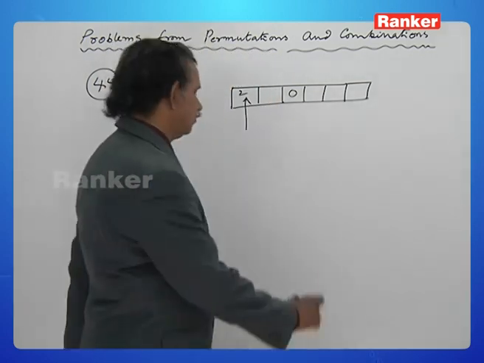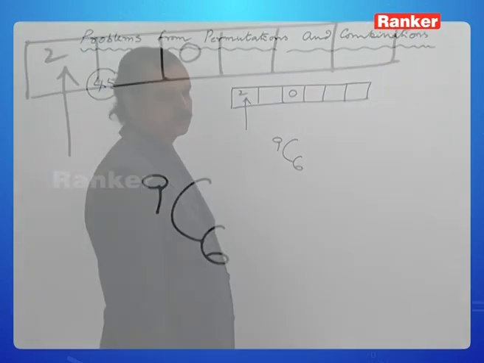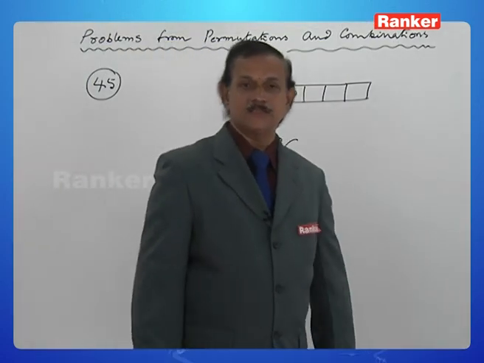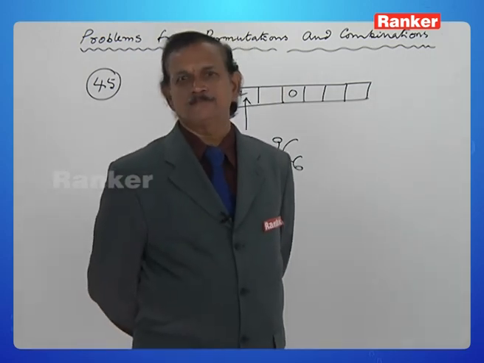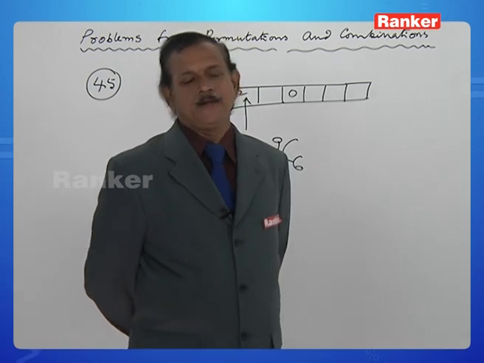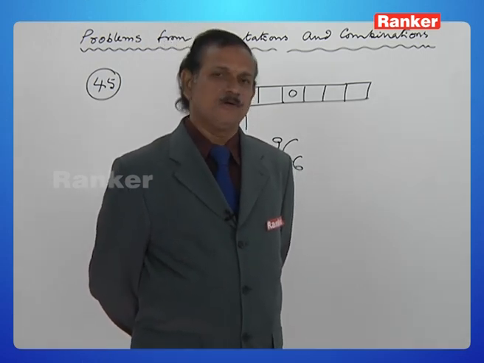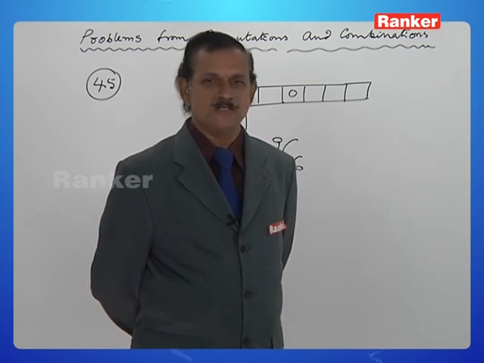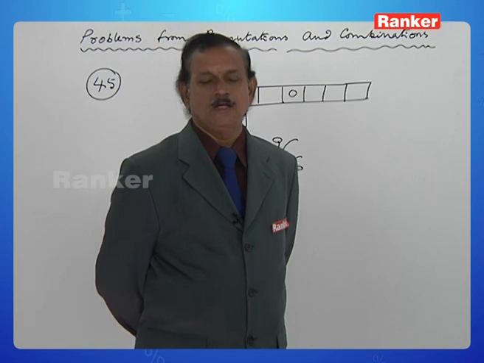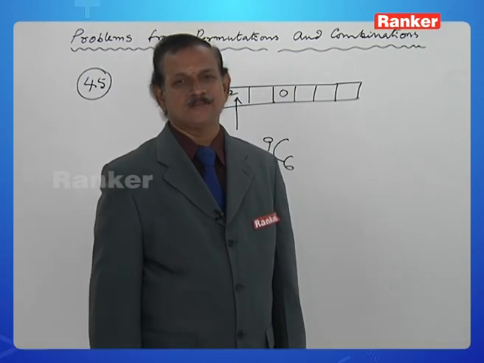Let us first choose 6 digits in 9C6 ways. Why is it 9C6? All of the digits must be non-zero. How many non-zero digits are there? 9 non-zero digits are there. Out of those 9 non-zero digits, you can choose 6 non-zero digits in 9C6 ways. Okay, the digits have been selected.